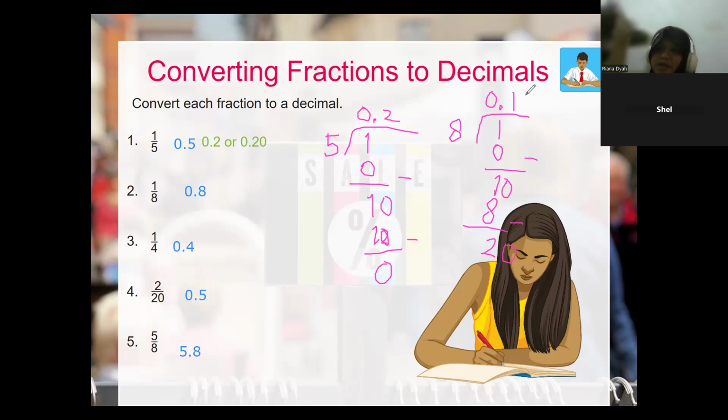8 times 2 is 16, right? So we put 2 here and we put 16 here. Minus, now 20 minus 16 is 4, right? So 40 divided by 8. How many is 40 divided by 8?